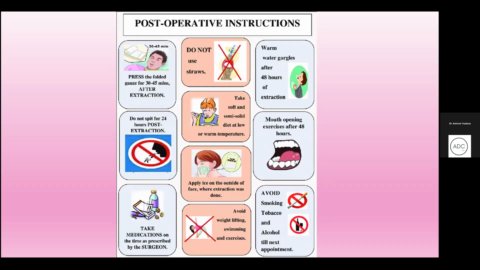Also, take a soft and semi-solid diet at low or warm temperature. It means the patient should not consume any hot diet, because it can lead to vasodilatation and further bleeding.